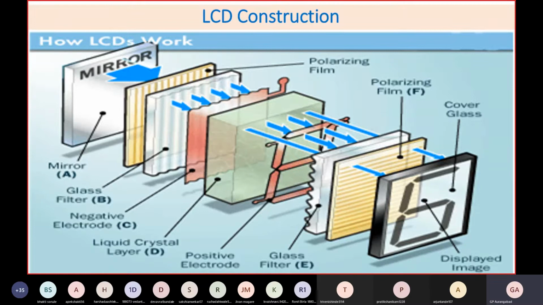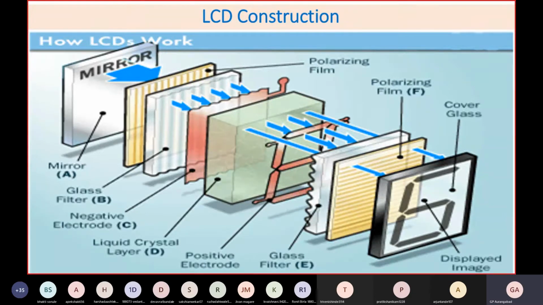Nearer to these electrodes, you have glass filters on both sides, and to these glass filters you have polarizing films: the vertical polarizer on the mirror side and the horizontal polarizer on your display side. Then at the extreme ends, at one end you will find a backlight, that is a mirror, and at the front end is the image that you actually see. So this is the construction.